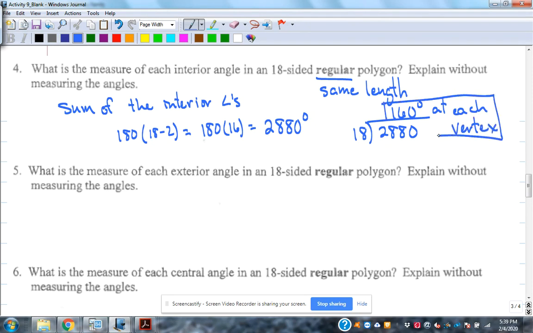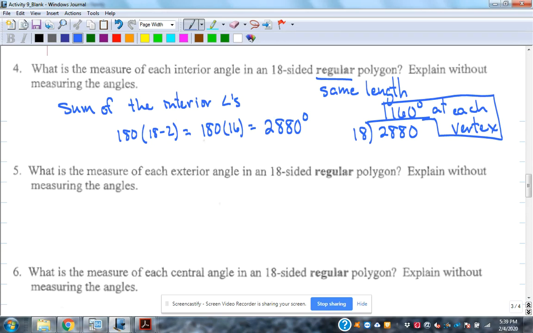That's our final answer. Your explanation is showing that you're using the sum of interior angles formula and then dividing by the number of vertices, or corners, that you have. You always have the same number of corners as you do sides. Always.